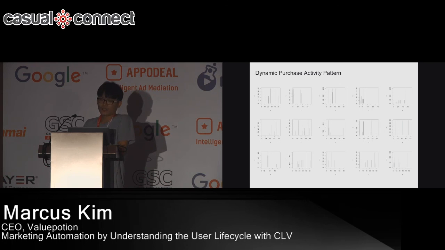First, different from activity, purchase activity does not happen at regular intervals. Second, users' purchase amount changes from time to time. Third, we can see from the chart that there are long time periods in between purchases.